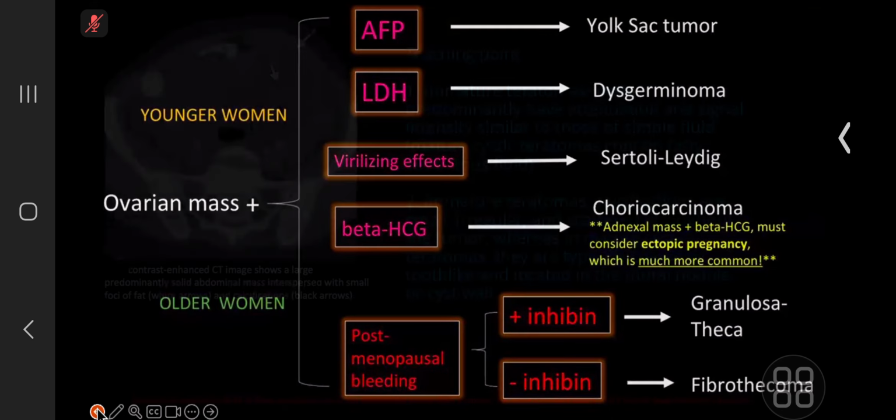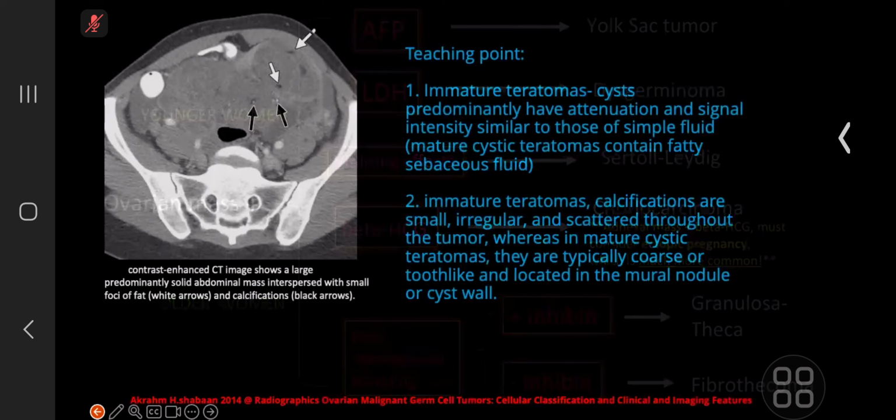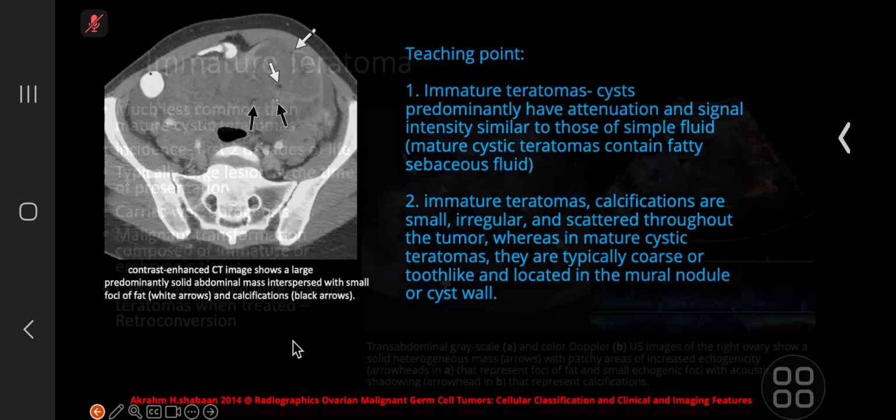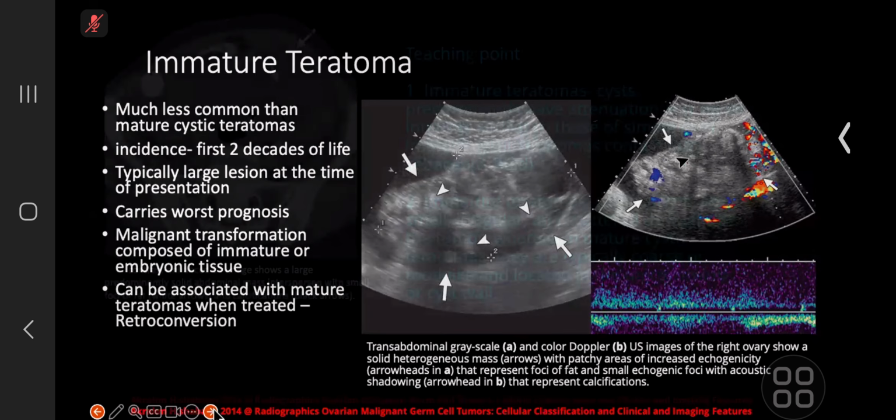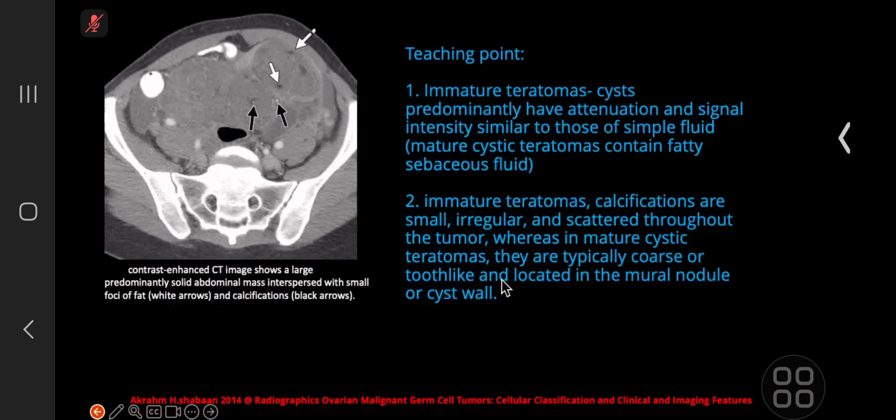In our case, it's very rare actually. It is a mature teratoma which has gone into a reconversion. That typical tooth-like appearance, which is located within the mural nodule, is what we get to see in our case. Let me get back to that case.